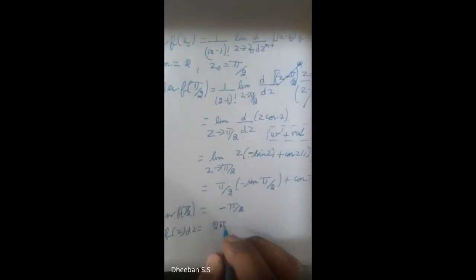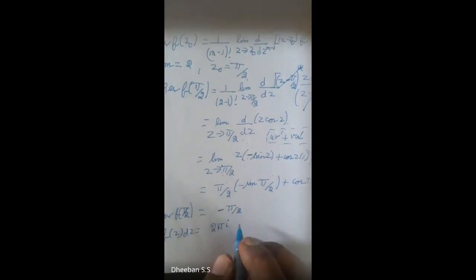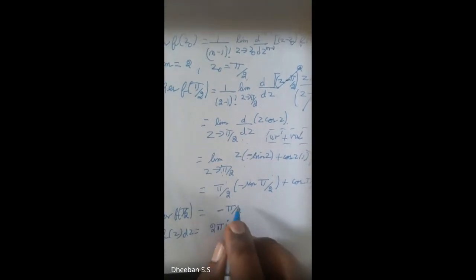The integral of f of z dz will be equal to 2 pi i into the sum of the residues.